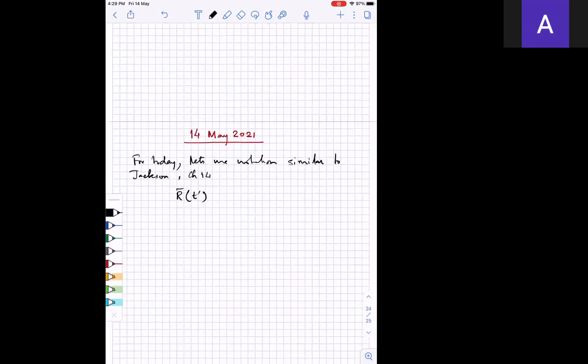So t prime is the source, small r prime is a function of t prime, and r of t is just r of t prime.